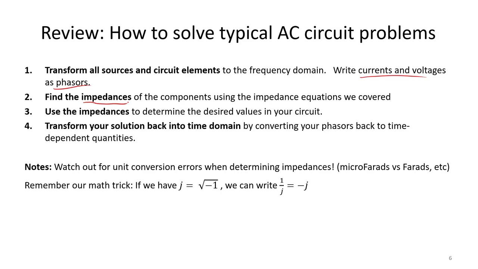Finally, once we have our impedances and our phasors in frequency domain, we can determine the desired unknowns using our favorite AC and DC tools. Finally, once we have solved for our unknowns, we transform our solution back into time domain. So make sure you're comfortable with this process. And if you need any review, please review our previous videos prior to continuing on with this video.